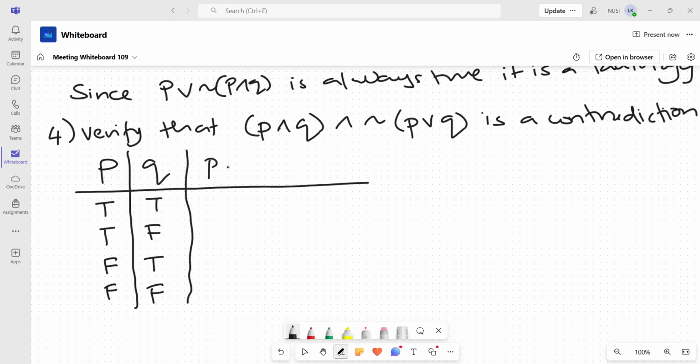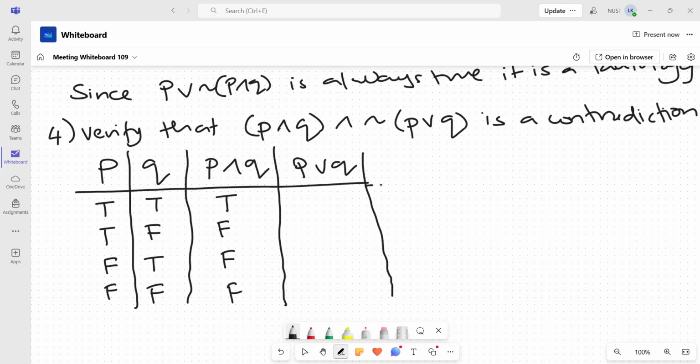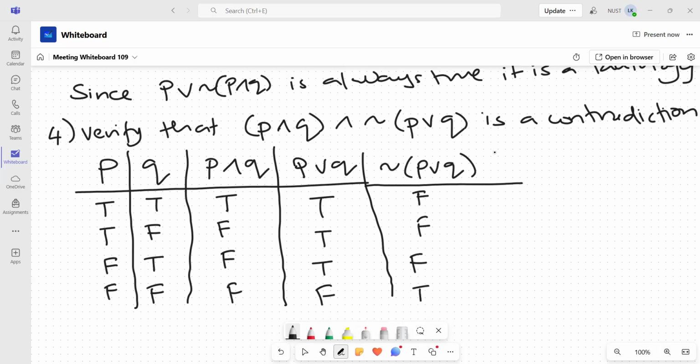We're going to start with P and Q. So both of them must be true, otherwise it is false. Then we look at P or Q. One of them must be true. So here, this one is true, this is true, this is true, and this is false. And then the negation of that, this is false, false, false, and true.